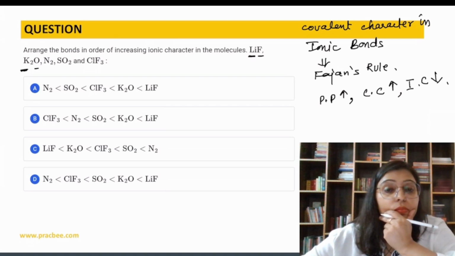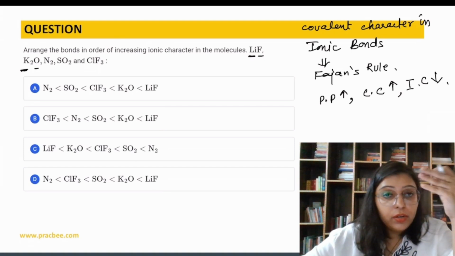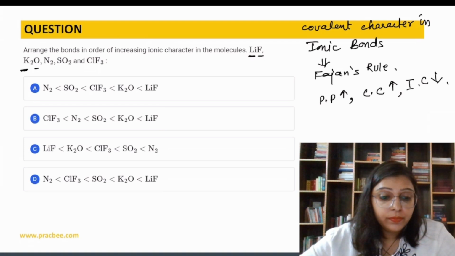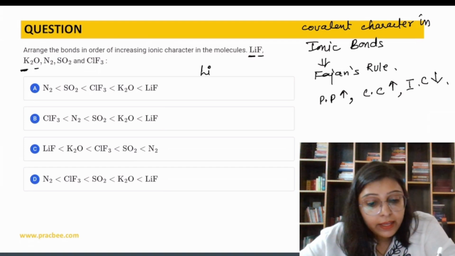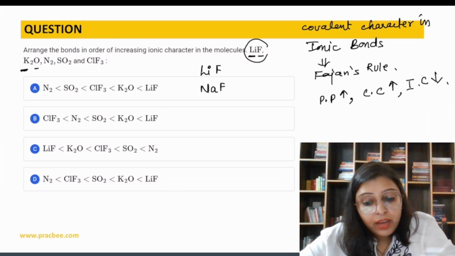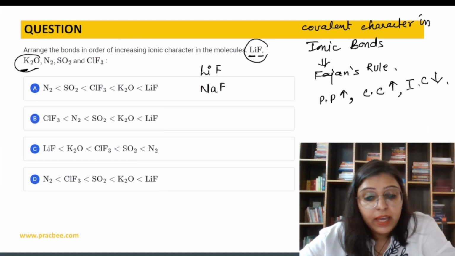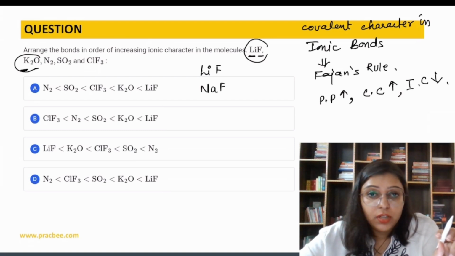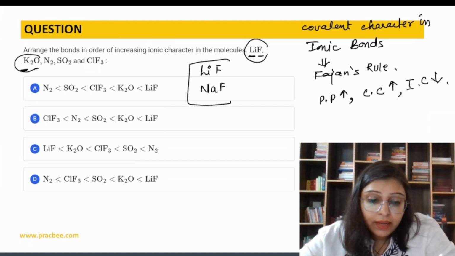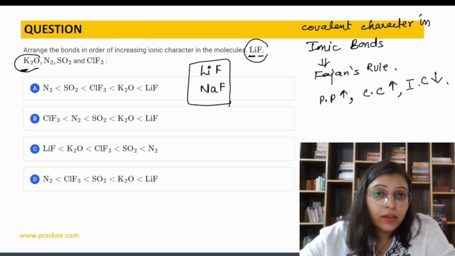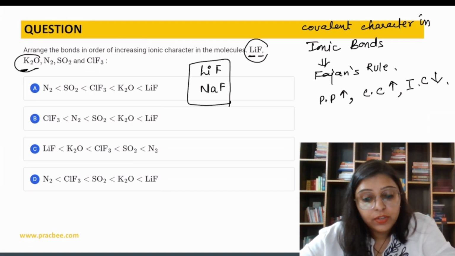Why? Because in order to do the comparison, we should have similar types of ions. Like LiF can be compared with NaF. Here LiF and K2O are different, so we cannot compare LiF with K2O on the basis of Fajan's rule, but we can compare LiF and NaF ionic character or covalent character on the basis of Fajan's rule.